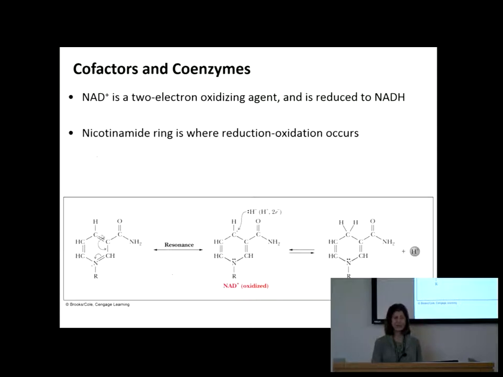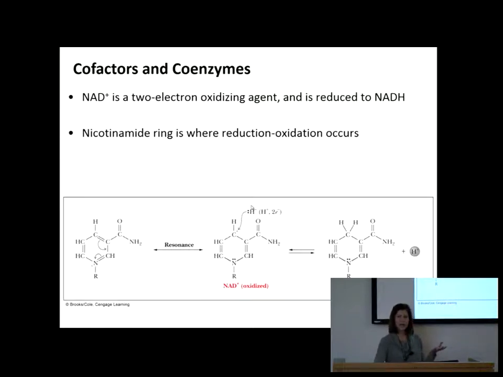Whenever you have double bonds, especially conjugated double bonds, meaning every other one, think that you can have resonance, meaning those double bonds can be placed somewhere else. That leads to great stability. Starting out, we have the positive on this nitrogen, but we can flip around and put that positive on this carbon, as we show in this resonance structure. And when the positive is on the carbon, a hydride, which is a packet of electrons, can be accepted.